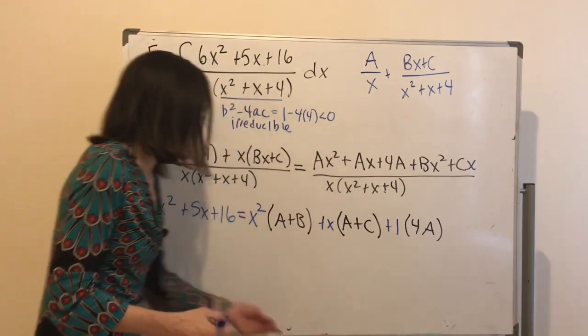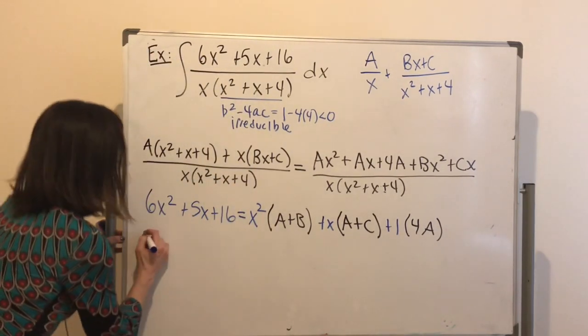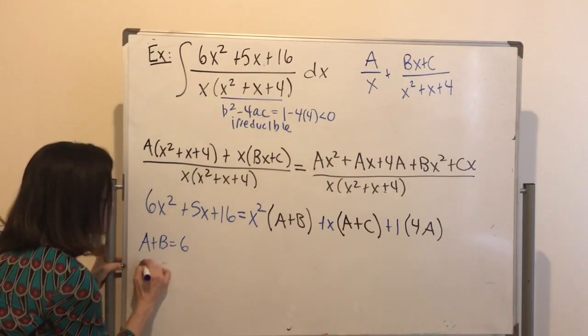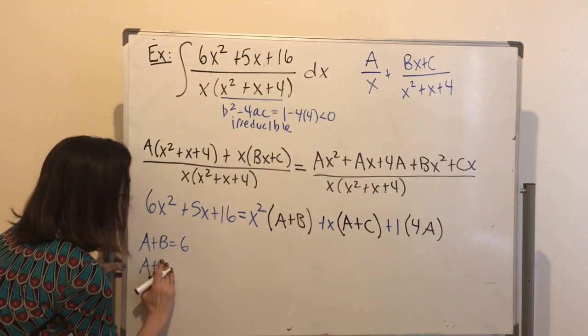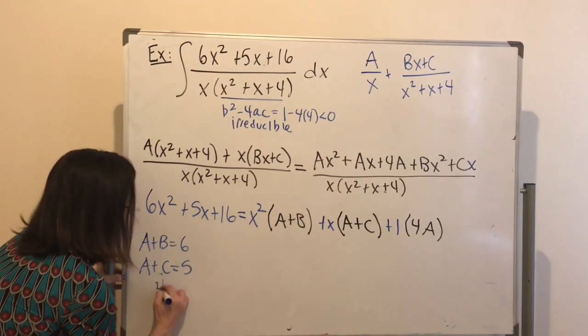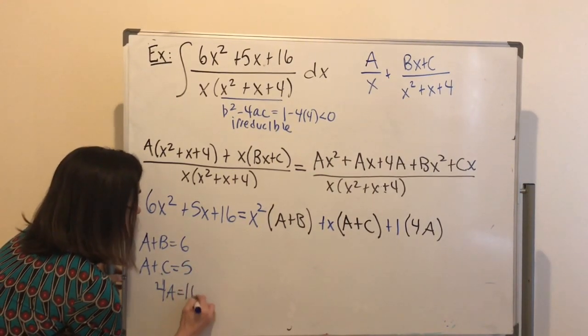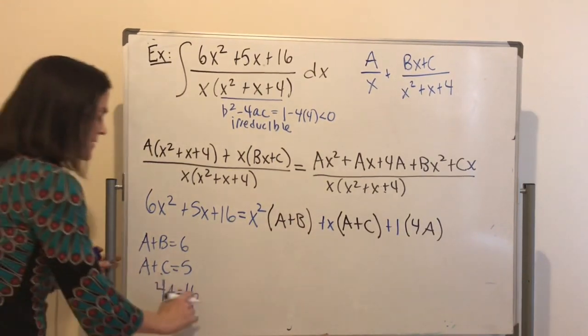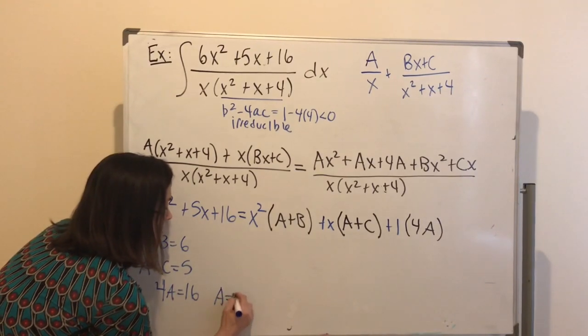Okay, very nice. The 3 equations become that a plus b is 6, that a plus c is 5, and that 4a is 16. Immediately we solve for a. Divide by 4. We have a is 4.